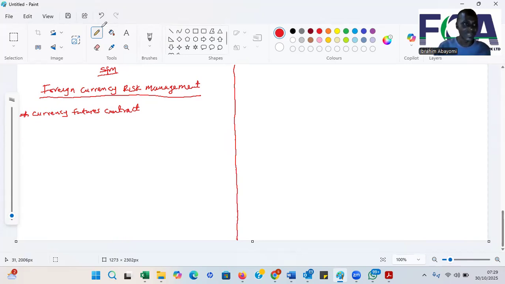So we have looked at the procedure for hedging using currency futures contracts. For the purpose of revision, let me quickly run through those procedures again.